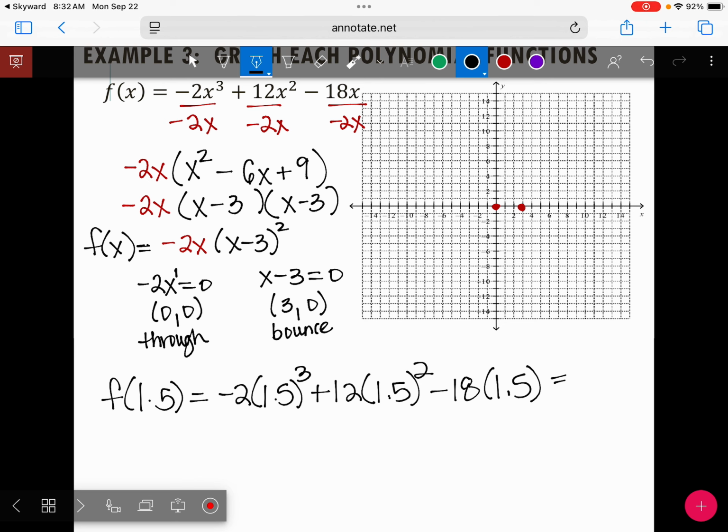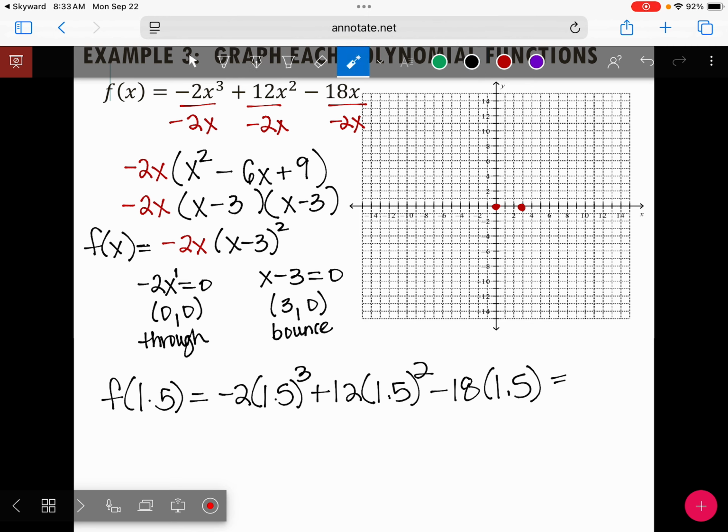This is an odd negative. So what do we know about our end behavior? It's going to be going down on the right, but on the left it should be going up. Right, because it's a third degree.